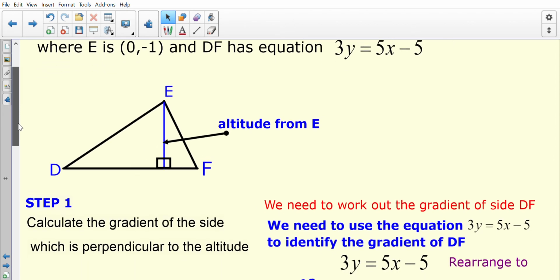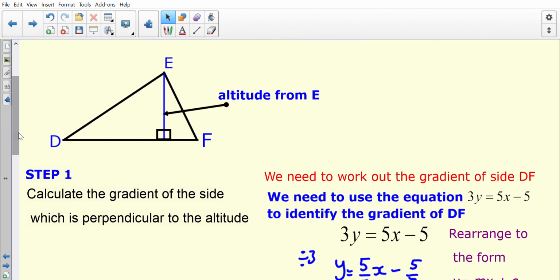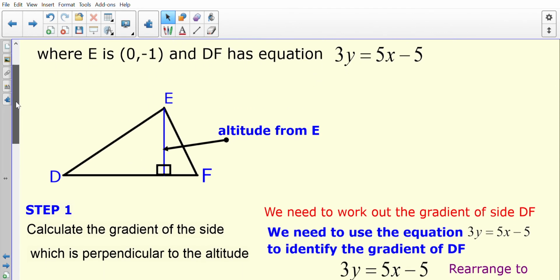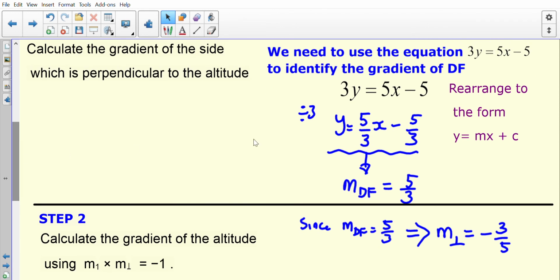And then you're left to run through the steps. So, calculate the gradient of DF first of all. You're given the equation of DF, so you need to rearrange that into the form y equals mx plus c.